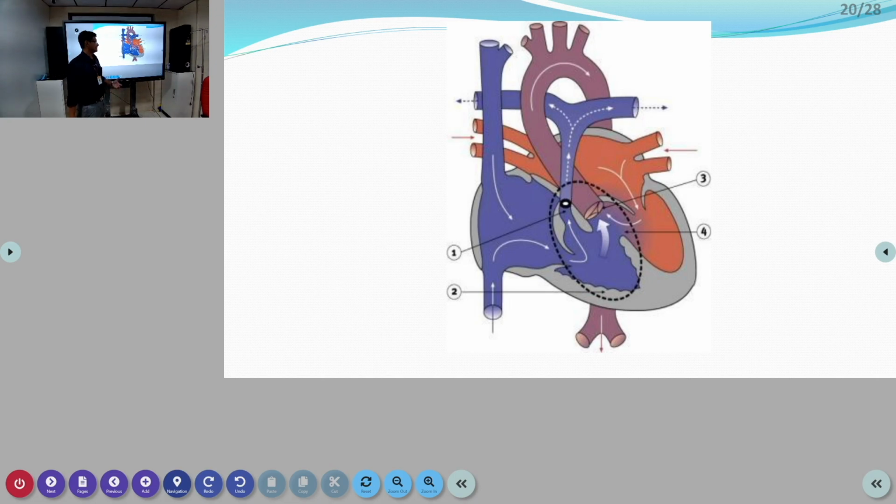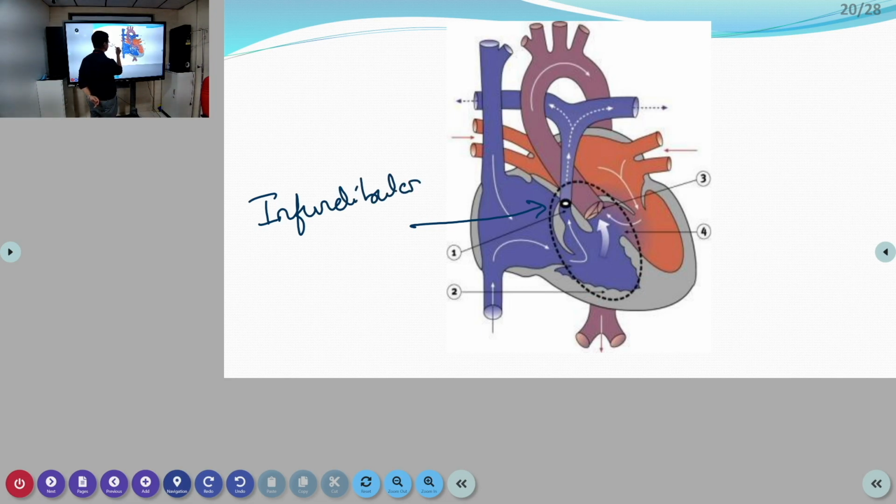Now, here you can see the four components of the TOF. First, infundibular stenosis, where the pulmonary artery is stenosed, but it's not actually the pulmonary valve, it is usually a subvalvular stenosis more commonly. Then the second thing is right ventricular hypertrophy, RVH, which you can see here.